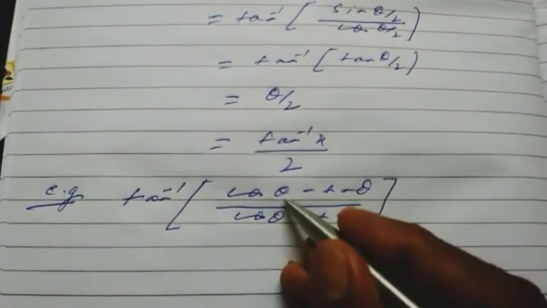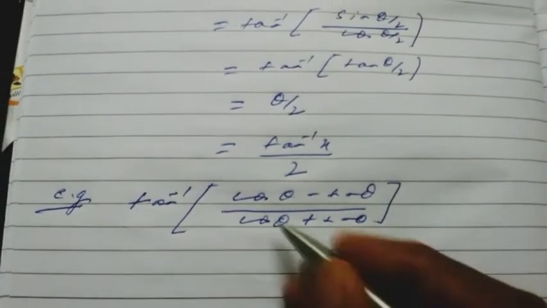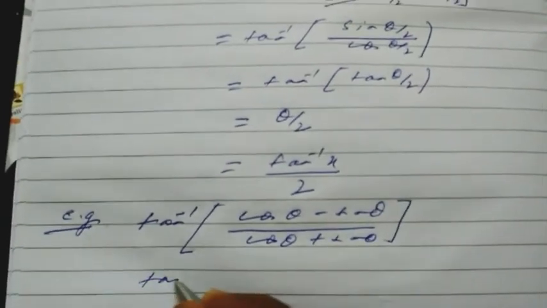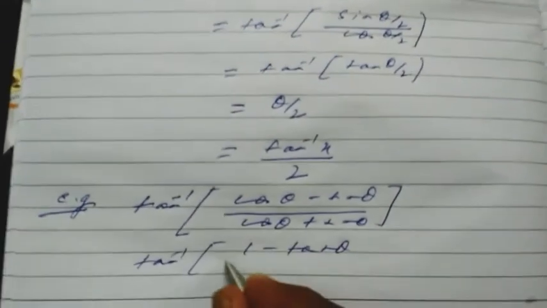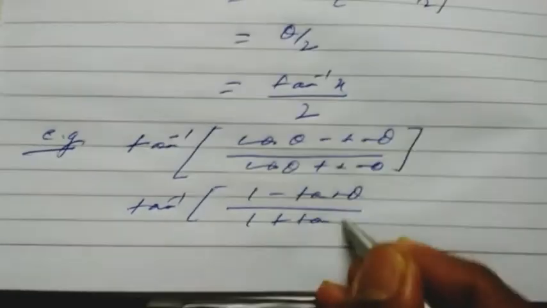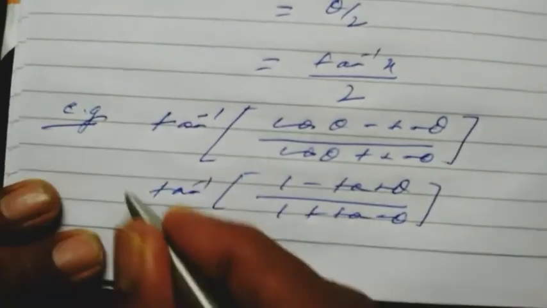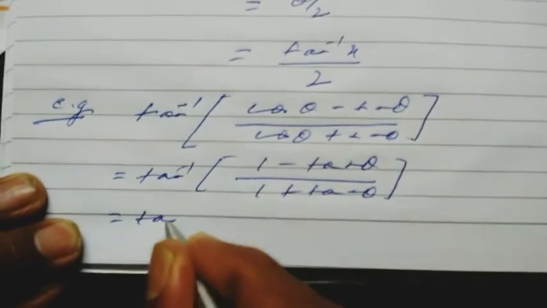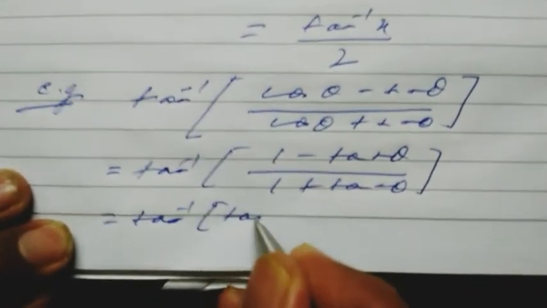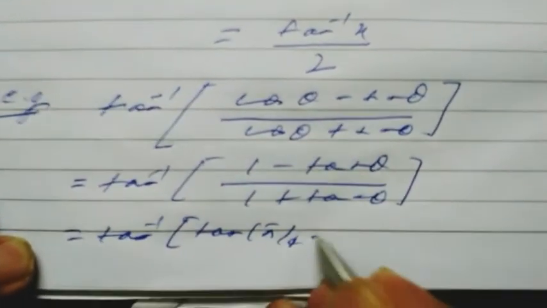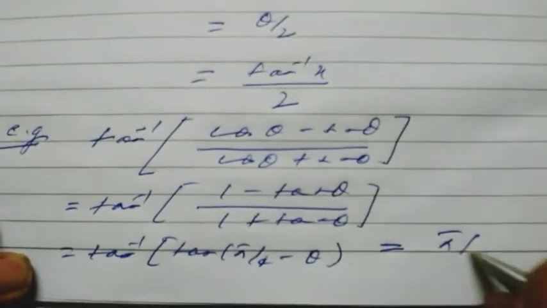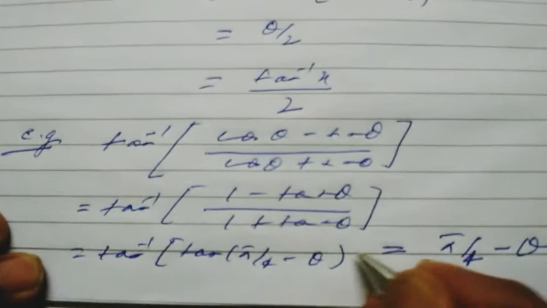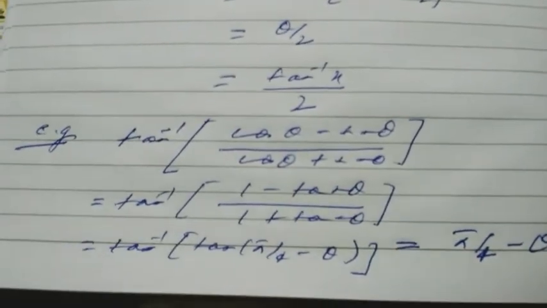You just divide the numerator and denominator by cos theta. You will have a composition like this: tan inverse of 1 minus tan theta upon 1 plus tan theta. Further, jumping over to the result, this is tan inverse of tan of pi by 4 minus theta, and then it will be nothing but pi by 4 minus theta, which will be the simplest form. You can easily understand this one.